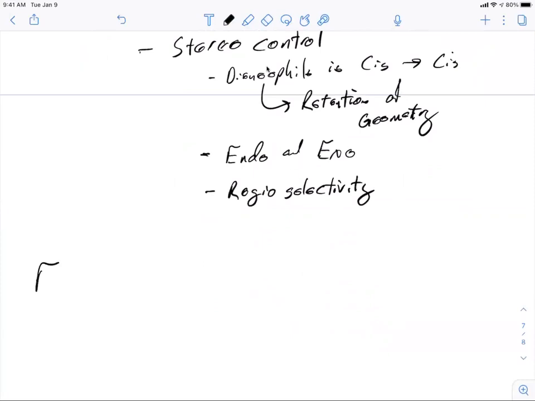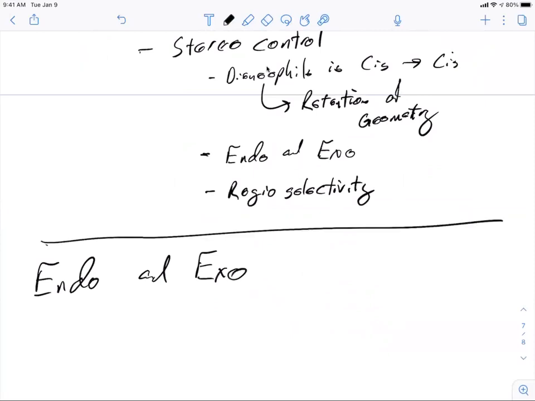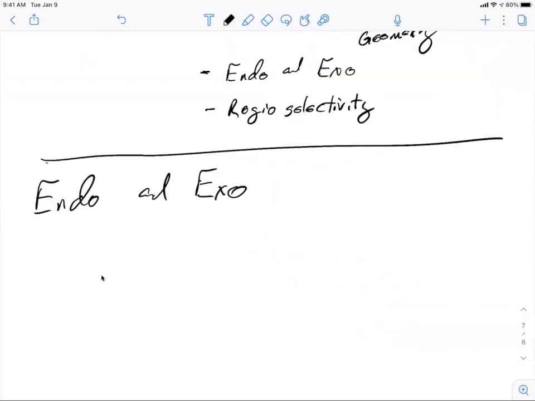So let's look at endo and exo selectivity. With endo and exo selectivity, first we need to figure out what it is.